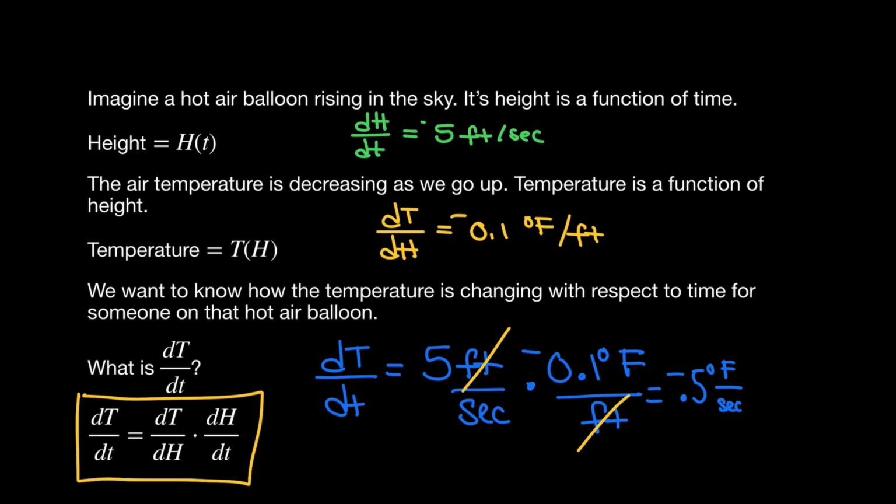That tells me if I'm sitting on that hot air balloon, I expect the temperature to decrease by 0.5 degrees per second. And so what we've done here is we've taken our dT/dh and multiplied it by dh/dt. We've taken the derivative of our outside function times the derivative of our inside function.